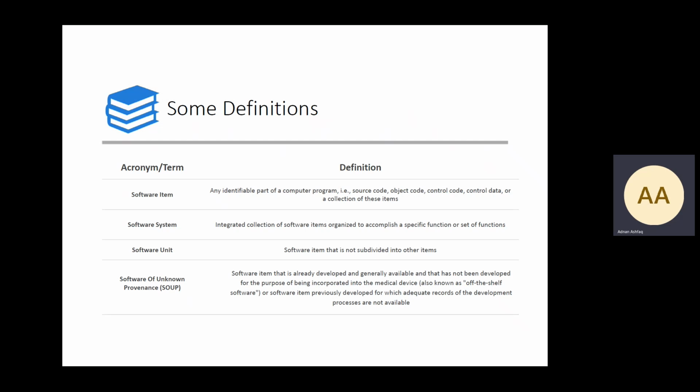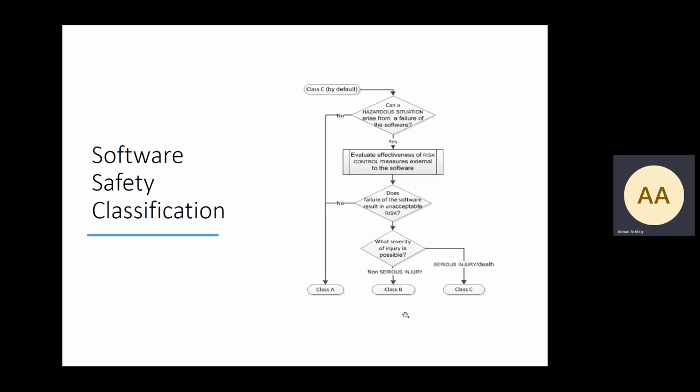Throughout this standard, it talks about these things: systems, a unit, software of unknown provenance, SOUP. Unfortunately, we're not talking about noodles or chicken soup here. It's software of unknown provenance. So it's important to have a look at some of these definitions, which we'll cover in the next slides.